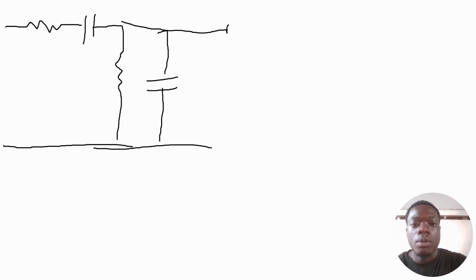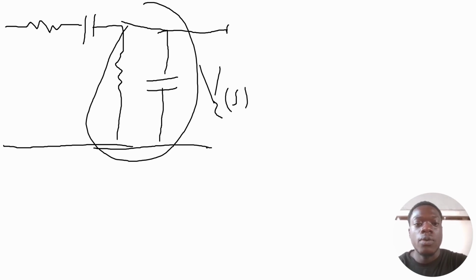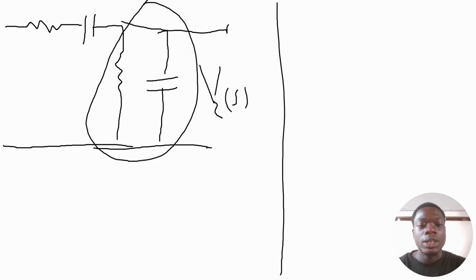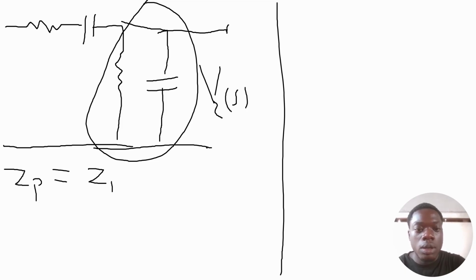So this is the connection for the parallel. If we want to measure the impedance across the resistor and the capacitor, we have the parallel impedance ZP equal to Z1 times Z2, which is the impedance across the capacitor, over Z1.